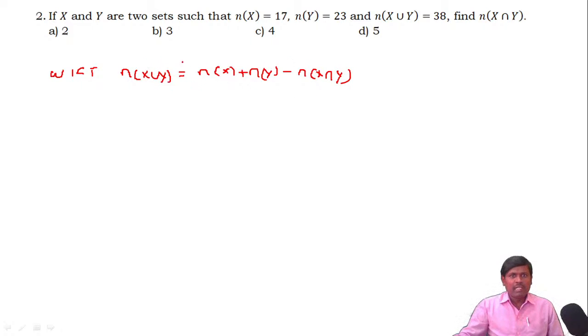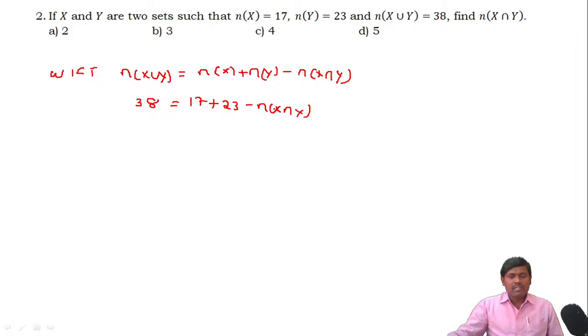So we need to calculate n of X intersection Y. Substitute the values: n of X union Y is 38, equal to n of X, which is 17, plus n of Y, which is 23, minus n of X intersection Y.